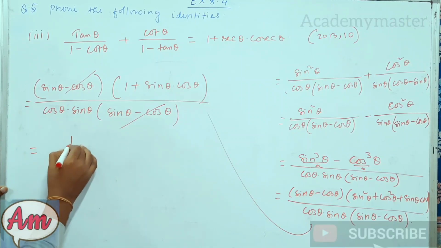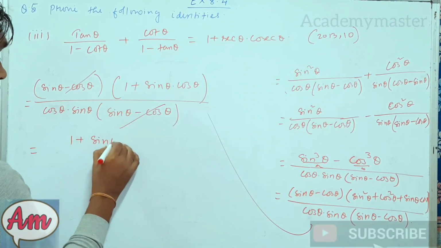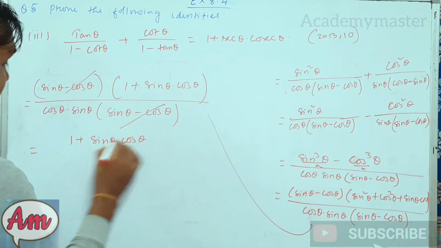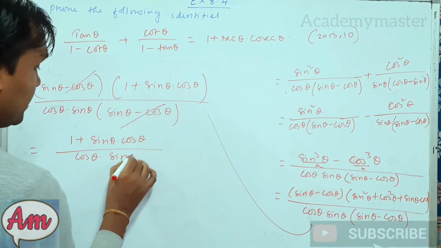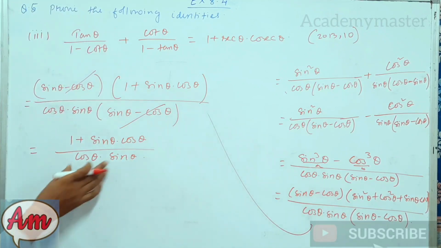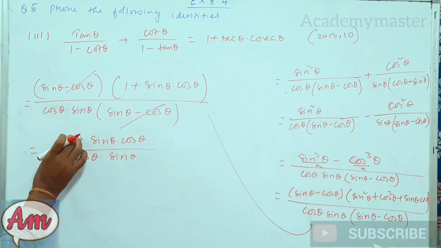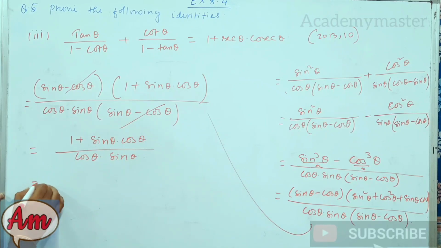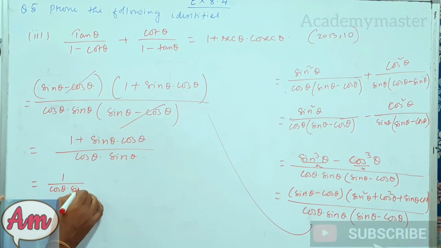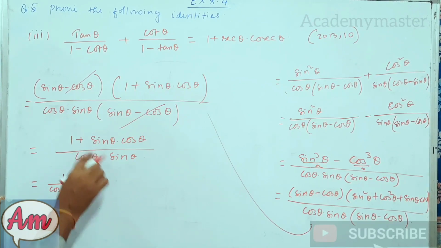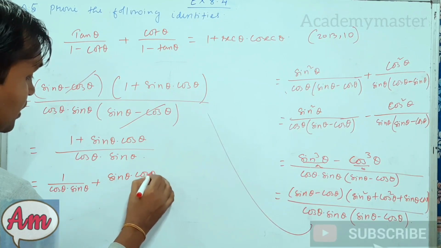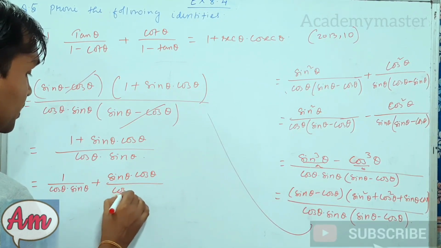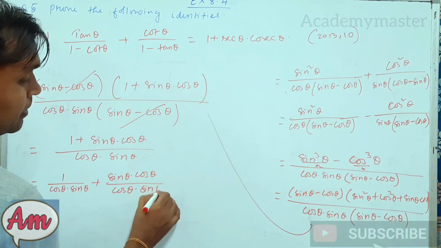So what is left: 1 plus sinθ cosθ divided by cosθ sinθ. Now you see sinθ cosθ is dividing 1 as well as this one, so we'll separate it. 1 by cosθ sinθ, plus sinθ cosθ by cosθ sinθ.